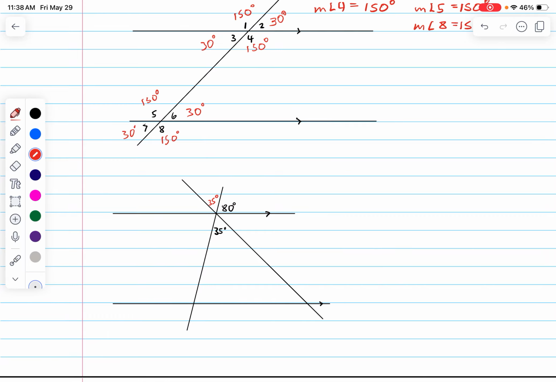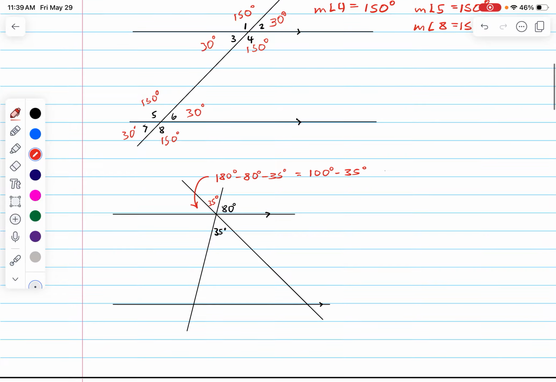So this angle right here must be 180 minus 80 minus 35. That's what that's got to be, right? So 180 minus 80 is 100, minus 35. And what is that, 65? Okay, so I put 65 degrees right here.